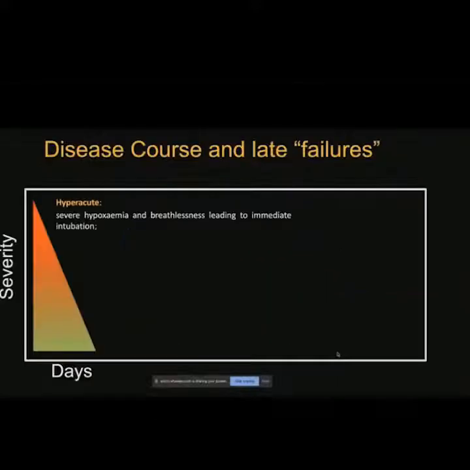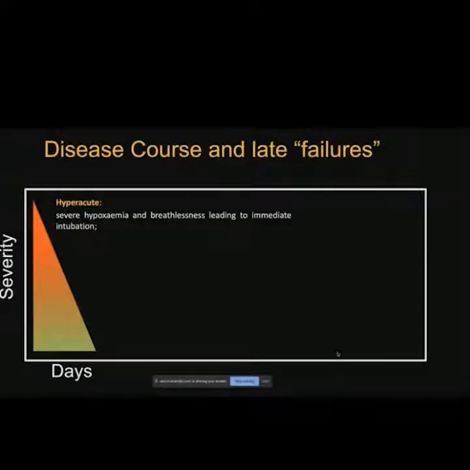So a good understanding of this disease course and late failures will help us stop this cycle by intervening at the right moment. You have to understand that there is a spectrum of disease, like we looked at, but there's also a disease course that we need to understand. Some patients could present in the first couple days hyperacute, and during that time they might need immediate intubation because they have severe hypoxemia and increased respiratory drive.